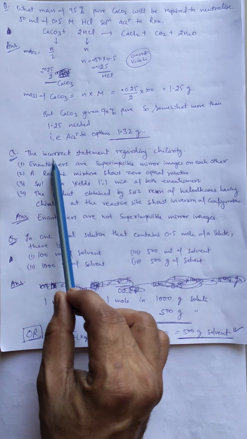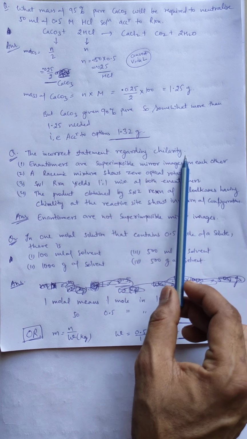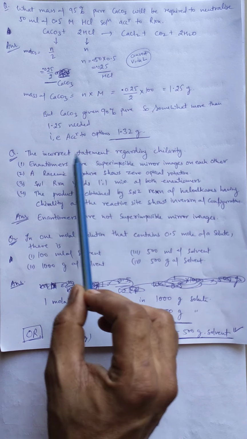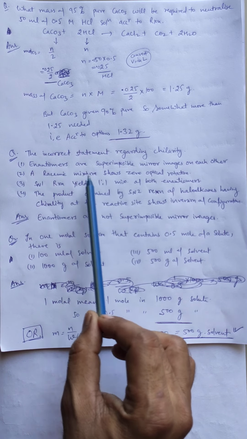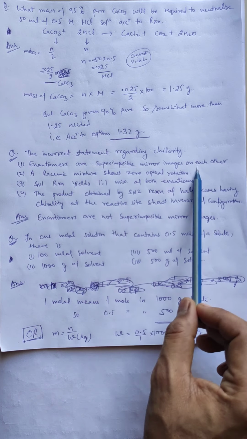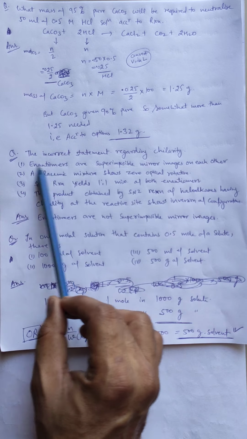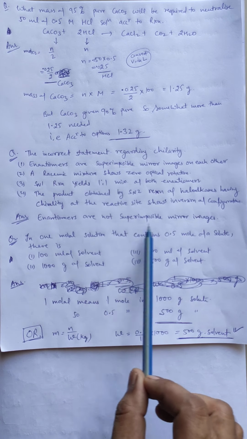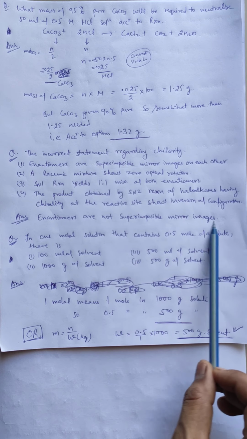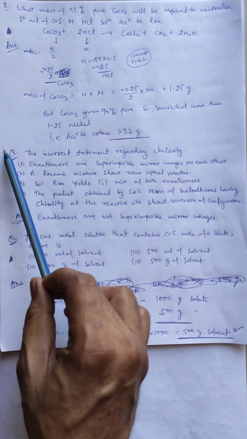Now the next is the incorrect statement regarding chirality. You have to find out the incorrect statement. Enantiomers are superimposable mirror images of each other. This is not correct, because enantiomers are never superimposable mirror images. So it is the answer there.